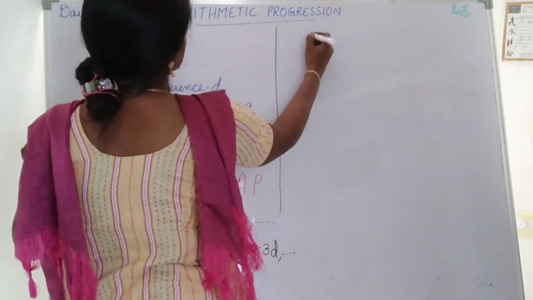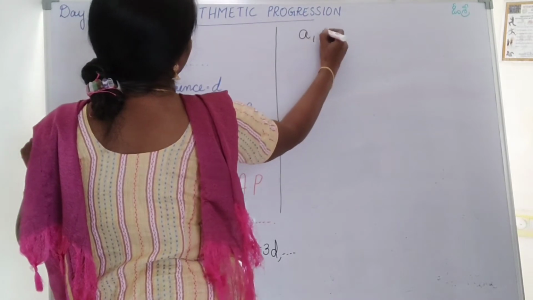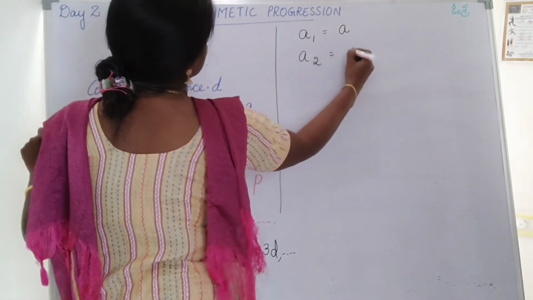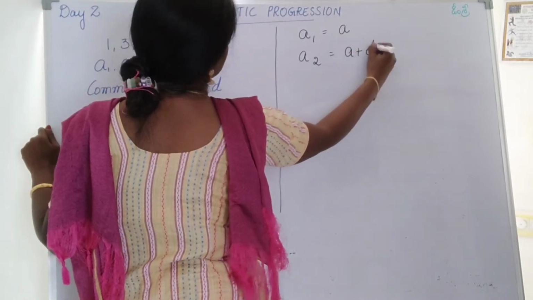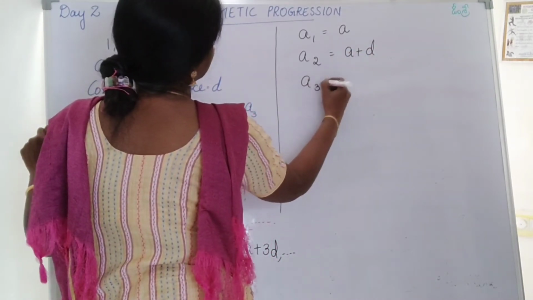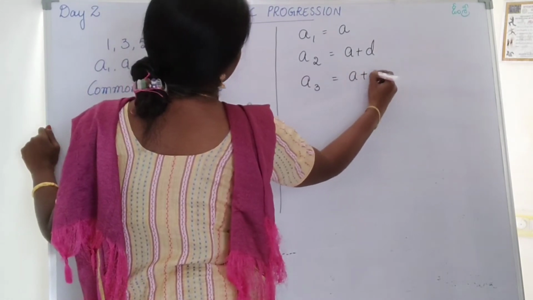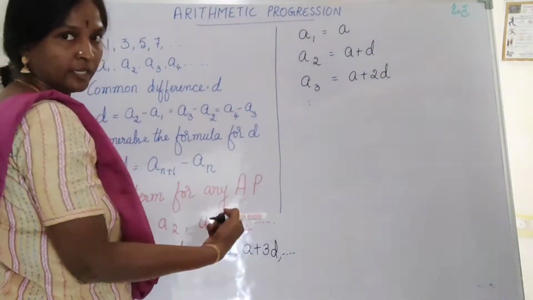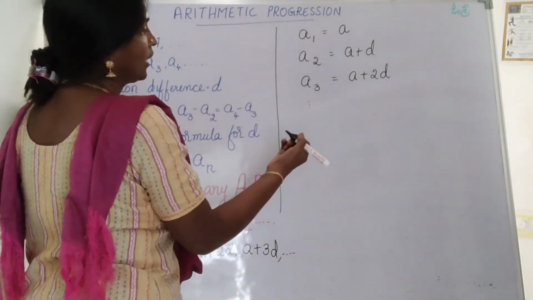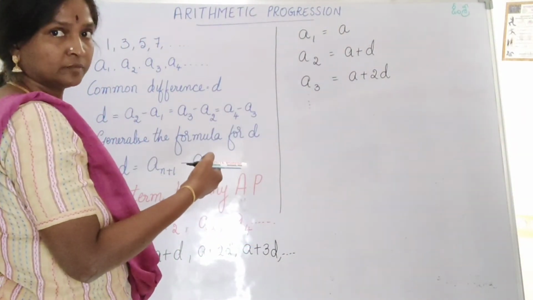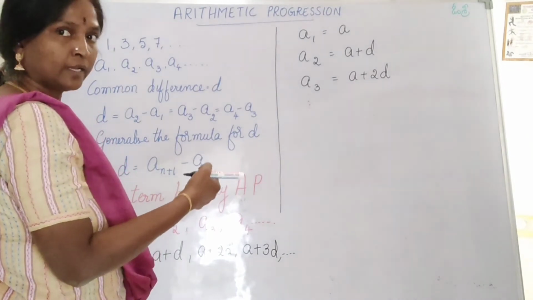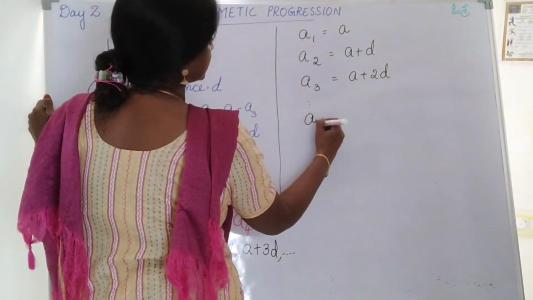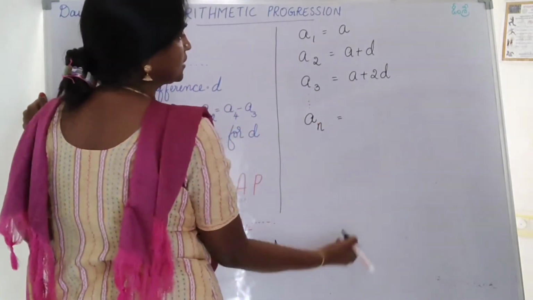When you continue in this way and we need the general term, we substitute n in place of the subscript. That is a n is equal to.